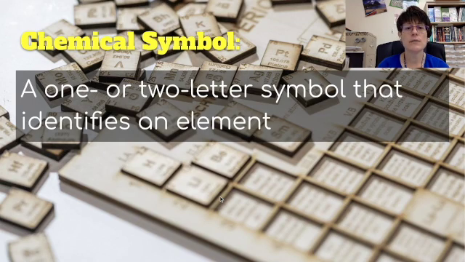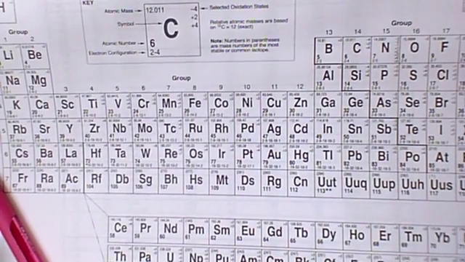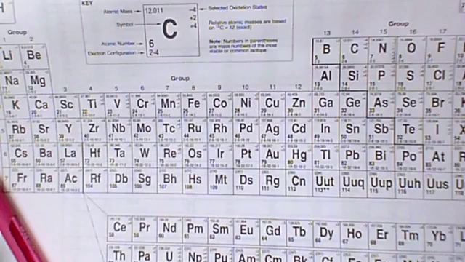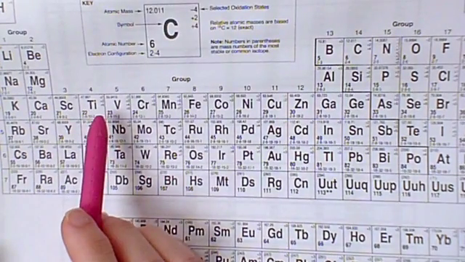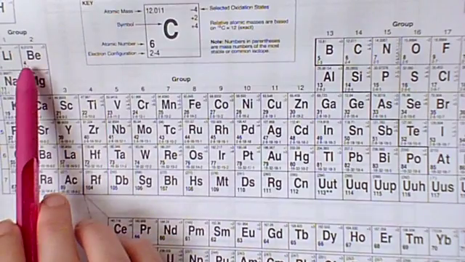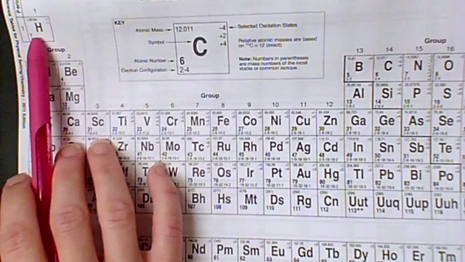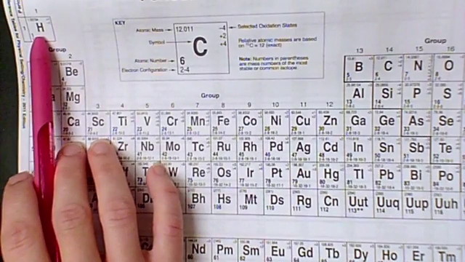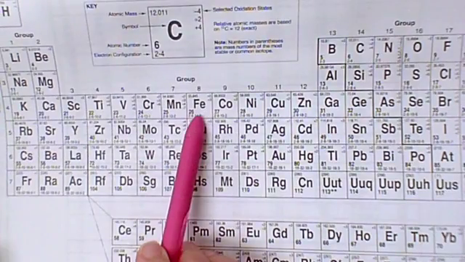Now, all of our elements have a chemical symbol. This is a 1 or 2 letter symbol that identifies an element. So if we look back here on our periodic table, we see all of those symbols. And we can see here that most of them, like hydrogen up here, have 1 letter, H. Iron has 2 letters, Fe.